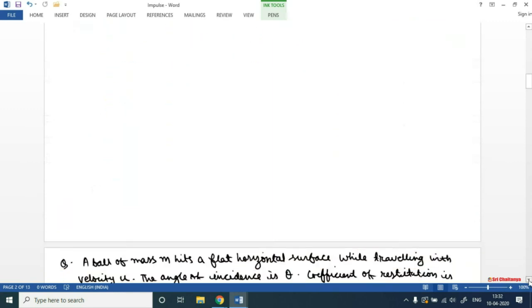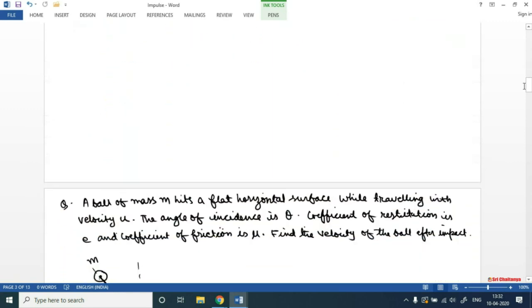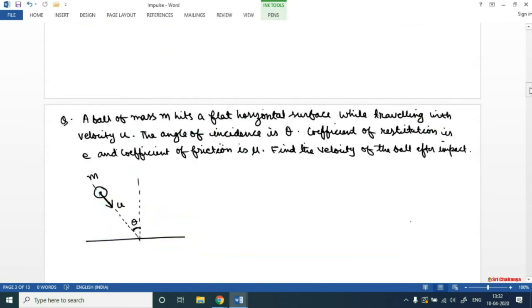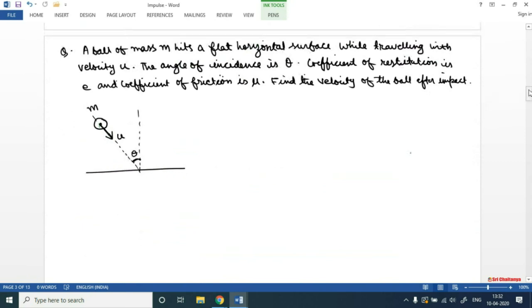And one another interesting problem I want to discuss with you, where we will be having impulsive normal in this case. So the situation we are facing here is a ball of mass m hits a flat horizontal surface while traveling with velocity u.